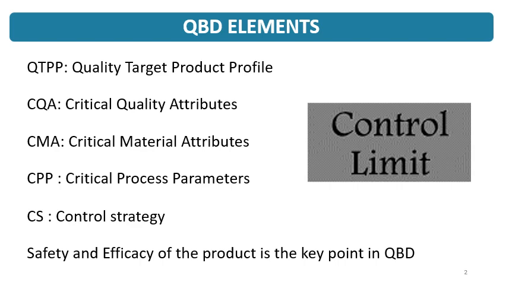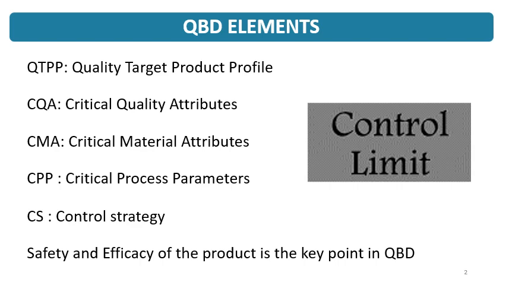So the CMAs and CPPs will have an impact on the CQAs, and once you thoroughly understand the CMAs and CPPs, then there should be a control on the variability of CMA and CPP, and that control is known as the control strategy.